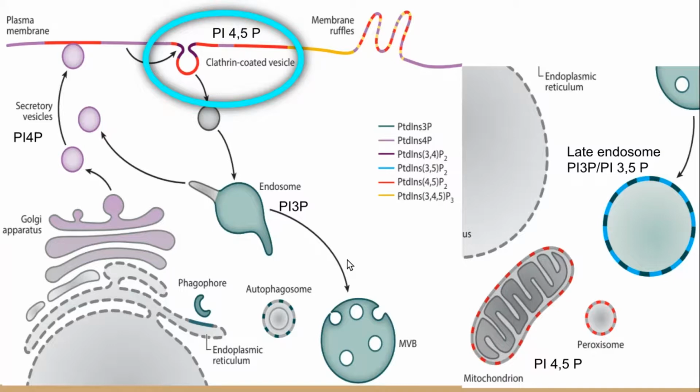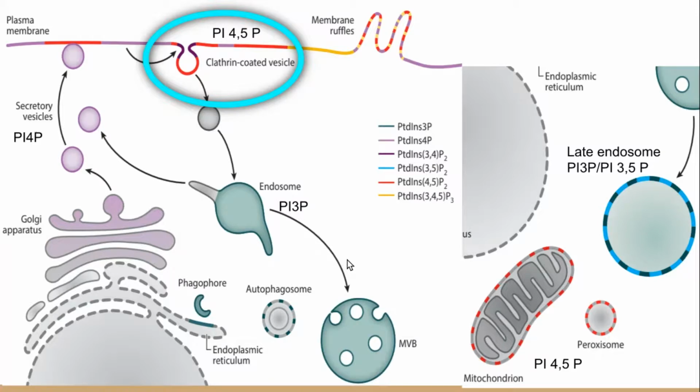These PH and ANTH domains can bind directly to the face of membranes that have high PI45P content. PH domains, which stands for pleckstrin homology, are the most common domain used to bind PI45Ps, and they can be found on proteins like dynamin to mediate endocytosis.